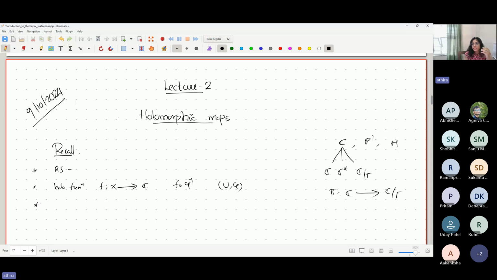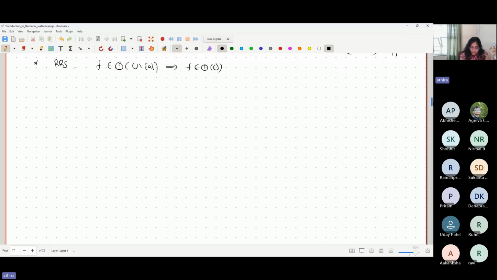We have also discussed an important theorem, the Riemann removable singularity theorem: if f is a holomorphic function on a deleted neighborhood of a point A and it is bounded in some deleted neighborhood of A, then f has a holomorphic extension. In this lecture, I will discuss holomorphic maps.